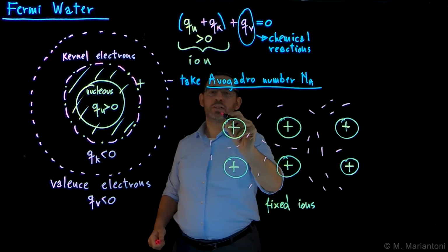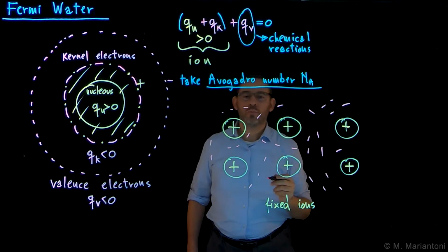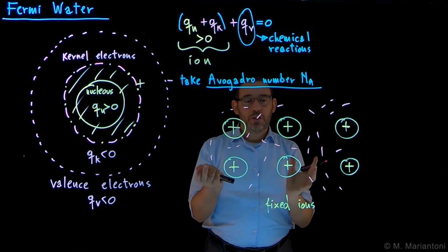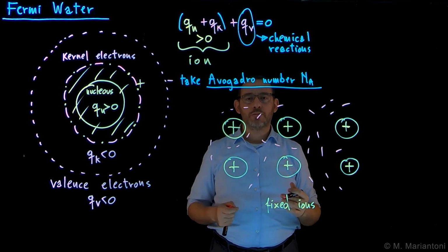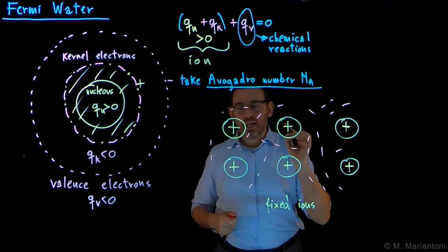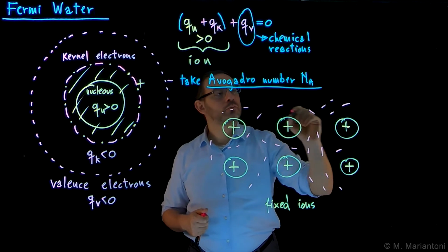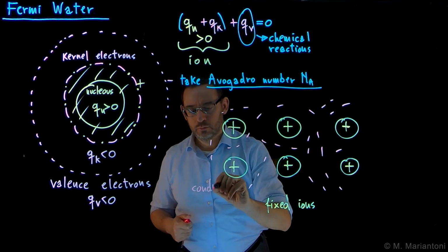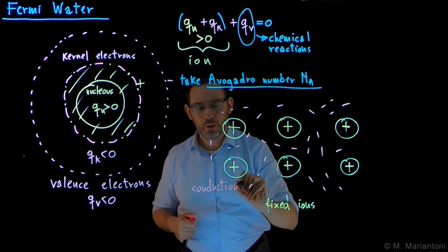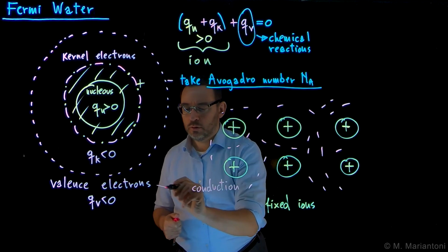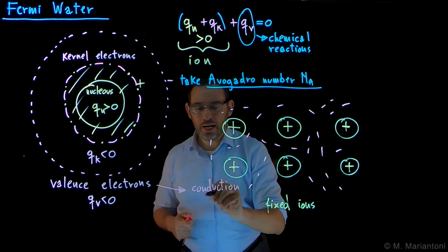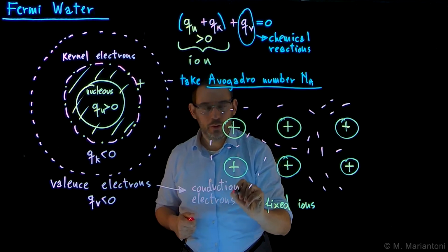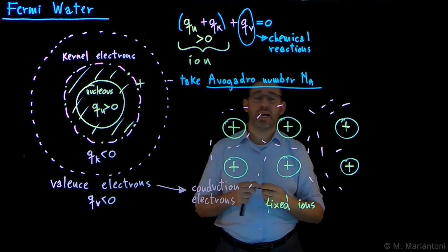All right, so as it turns out, the valence electrons in this configuration where we have an Avogadro number of atoms are called conduction electrons. So we go from valence electrons to conduction electrons when we have many such atoms.